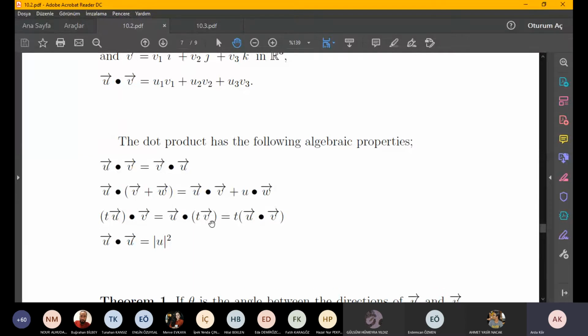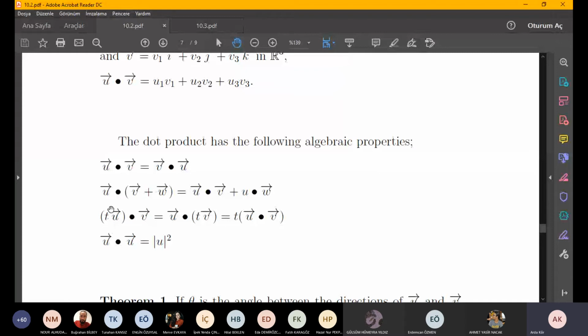So here you have actually the distributive property that we have for real numbers, right? And you can also check it by using the definition of addition of vectors and the definition of the dot product.